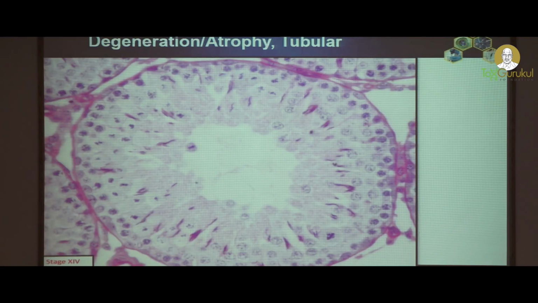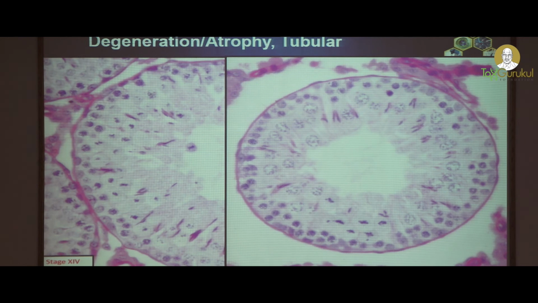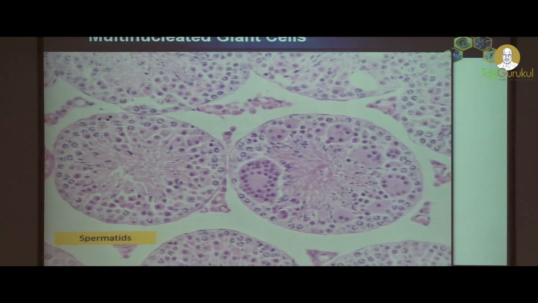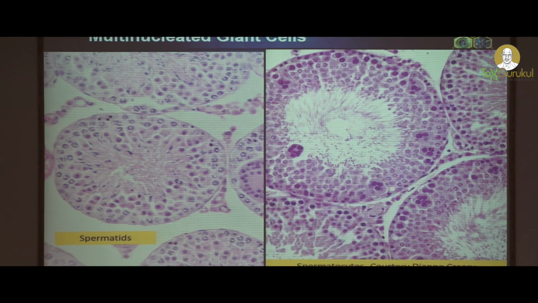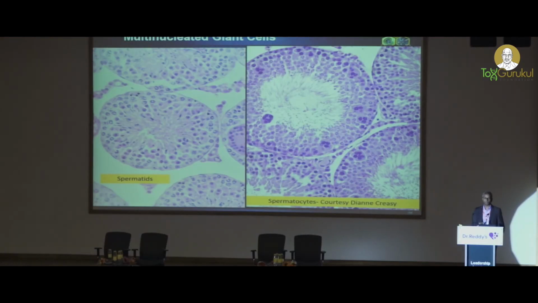When this is a normal tubule and the inciting cause is continuously administered, you may see tubular atrophy and degeneration. The size, the volume of the epithelium and the lumen are all reduced. Multinucleated cells can be seen in the spermatids in this case, and also a very rare report of spermatocytes undergoing multinucleated cell formation.